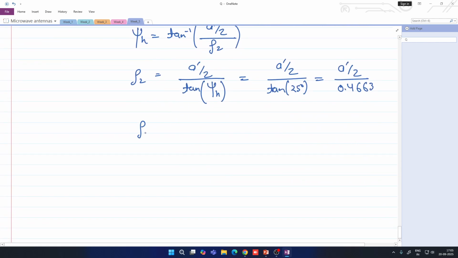So we can now write this as 1 divided by 0.4663 is 2.1445 multiplied with a prime by 2.